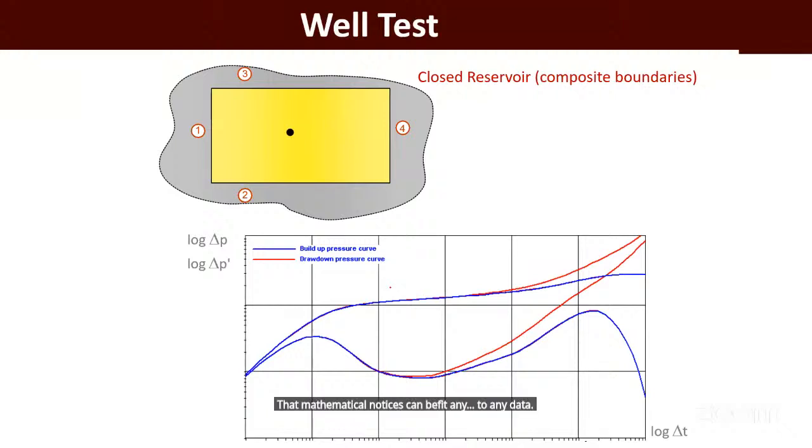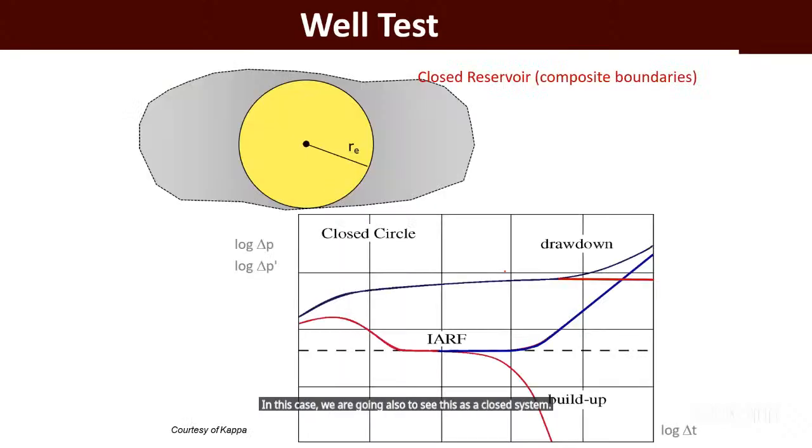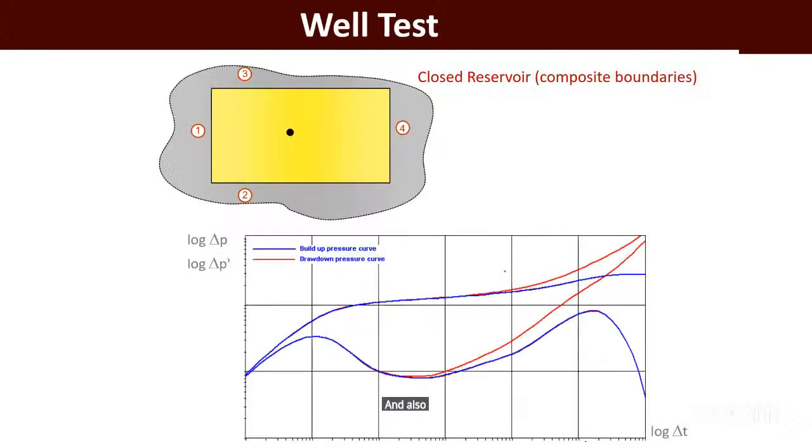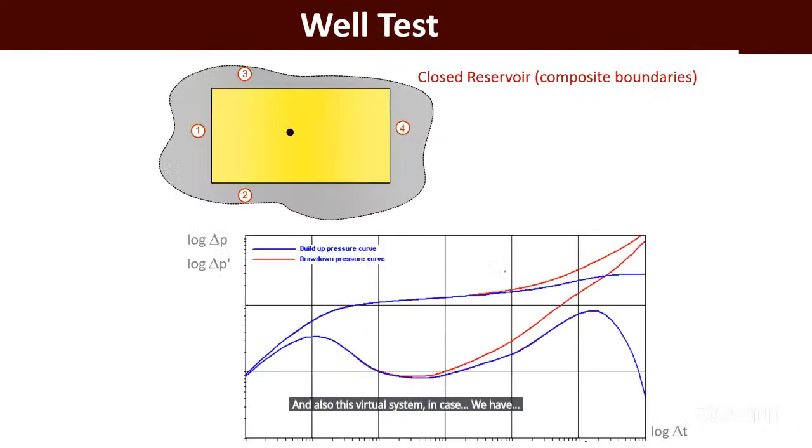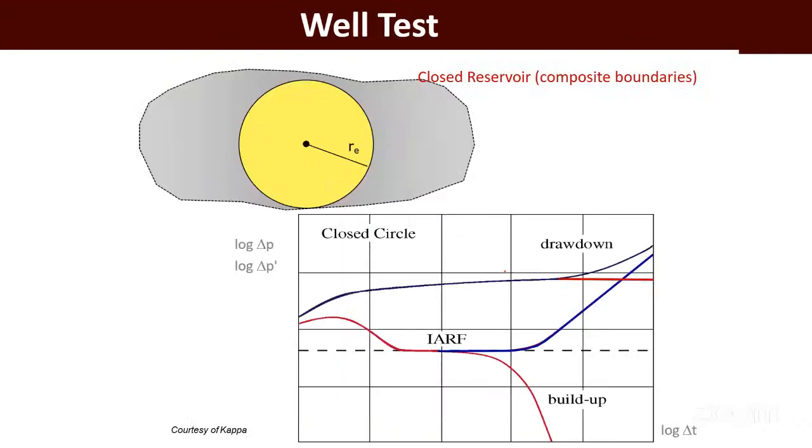In this case, we are also going to see this is a closed system and also this is a closed system. In case we have a constant boundary, I will open the slide to show it to you.